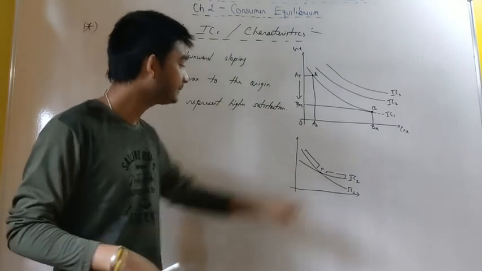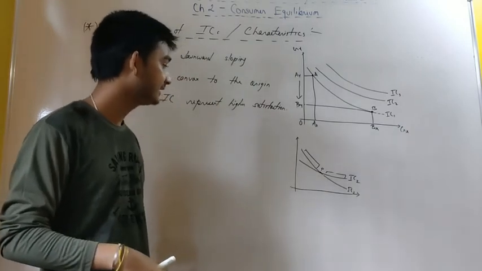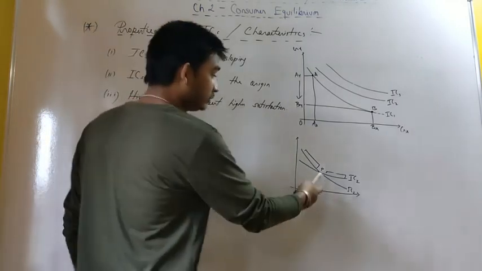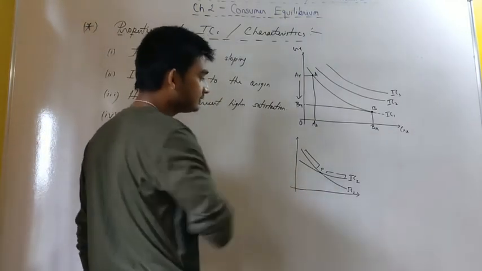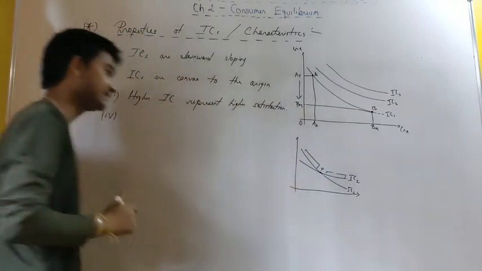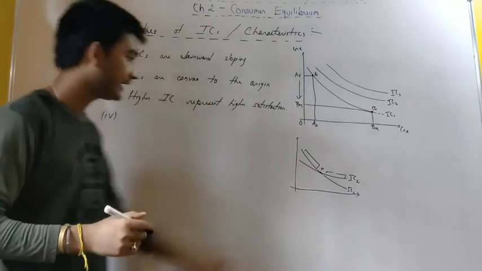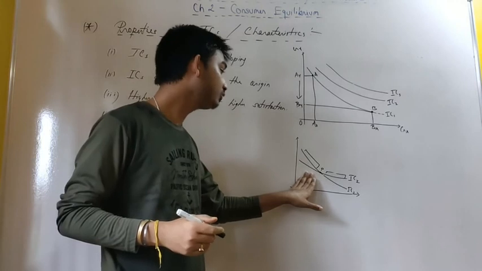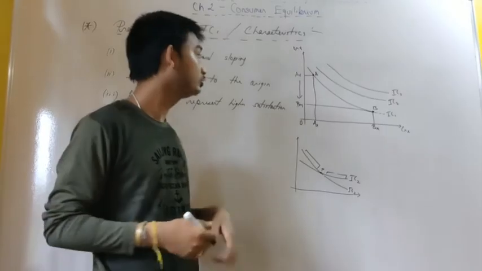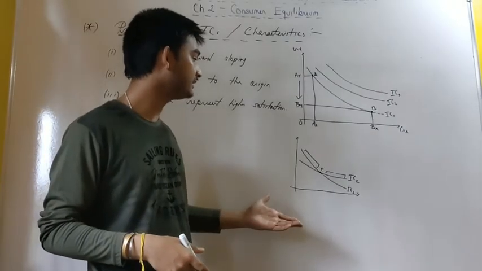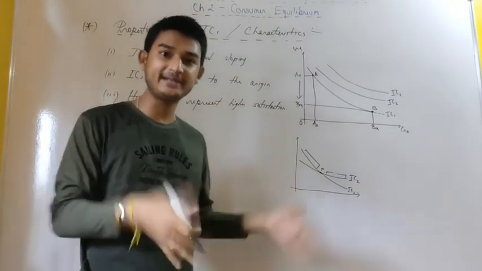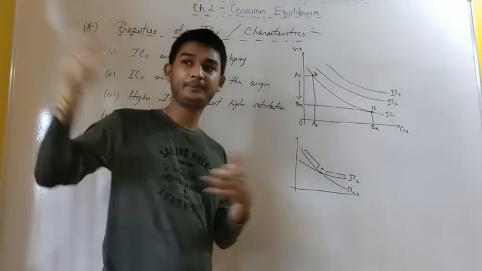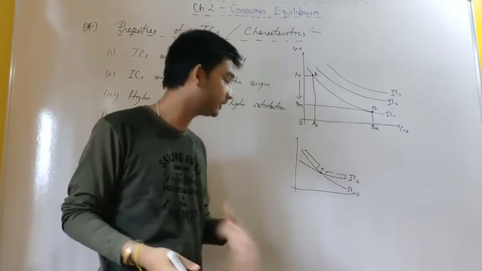At that point, both the curves intersected, and as a result, we cannot say which curve is lying above and which curve is lying below. If this happens, it will violate the axiom of dominance. The axiom of dominance means who dominates whom. The larger one dominates the lower one, the superior one dominates the inferior one.